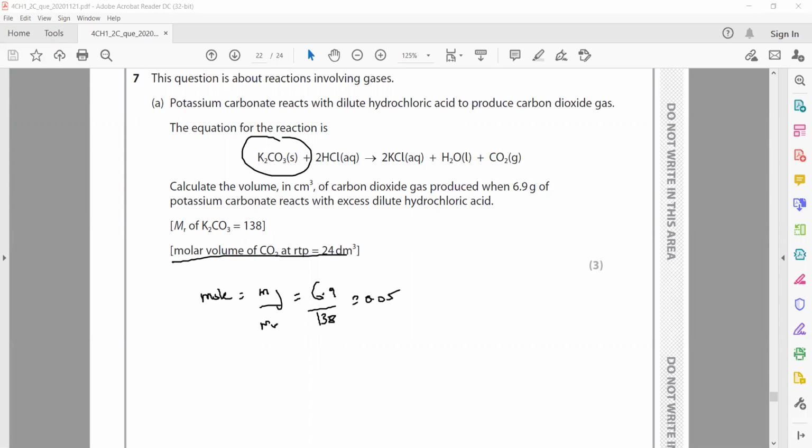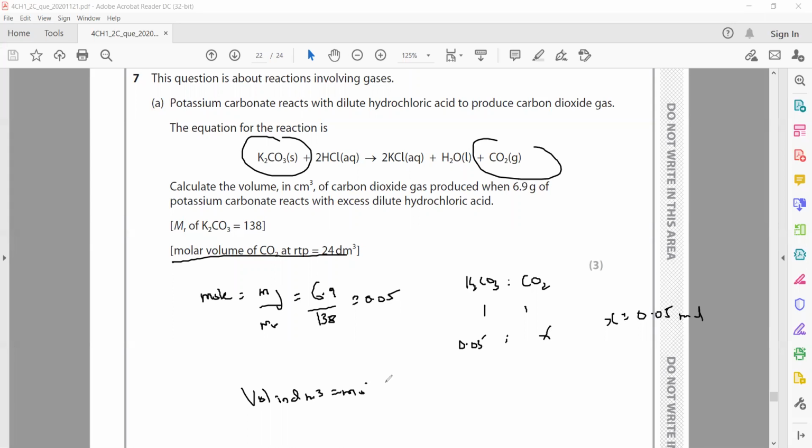Then we'll take the mole ratio between potassium carbonate and carbon dioxide. When you check the equation, the mole ratio is 1 is to 1. So if 0.05 moles of potassium carbonate, then X moles will be there. The same number of moles of carbon dioxide we will get. To get the volume of a gas in decimeter cube, it is moles multiplied by 24.